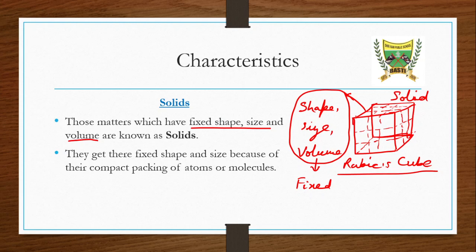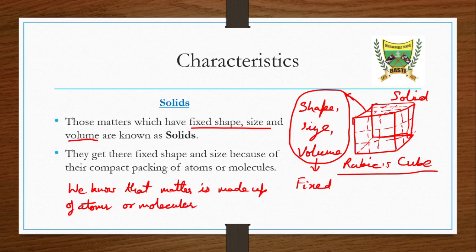Now you will ask why these solids have a fixed shape and size and volume. The reason is that we have already discussed that matter is made up of atoms or molecules.